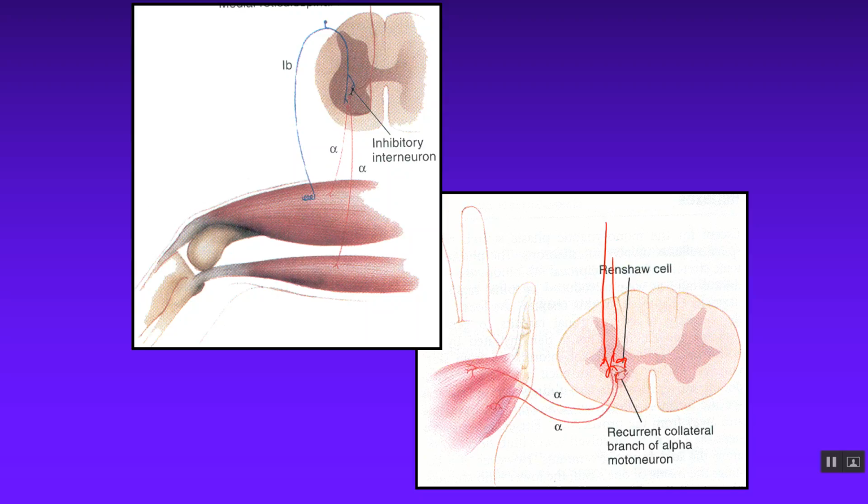But I want to contract that thumb in a very specific manner. I don't want to just contract all those muscle fibers at once and have my thumb do that. I'm really trying to do something with some fine motor control, with a certain amount of force. So I'm sending signals down to several alpha motor neurons to do that. But there's a certain one or two or three that I really want to do the job, not the ones that are nearby.